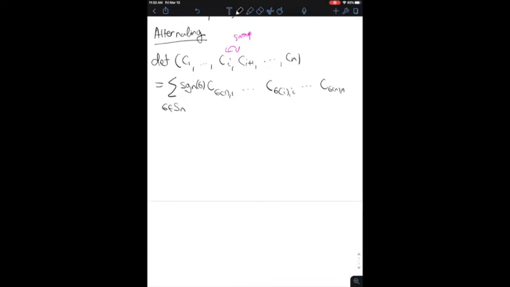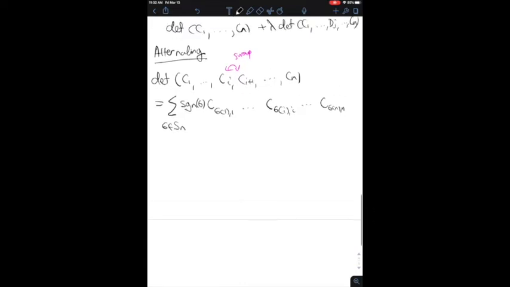All right. Now we want to see what happens if we swap two columns. So let's introduce the permutation that swaps i and i+1. Let tau equal (i i+1). This is the transposition which swaps i and i+1.